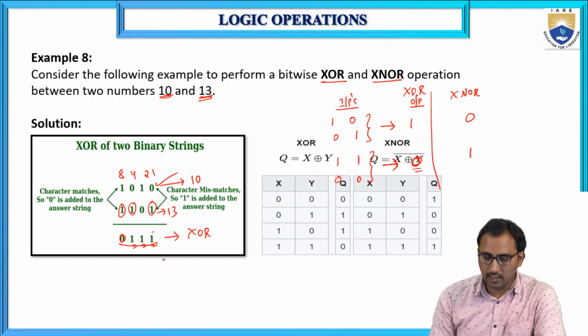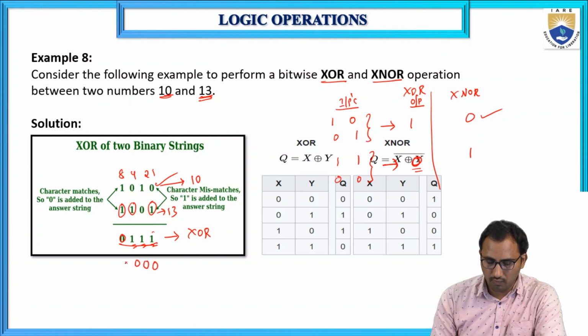See here, XNOR: using the same two inputs, 0 1, the inputs are different, so you will get 0. So the output is 0 0 1. This is the XNOR.